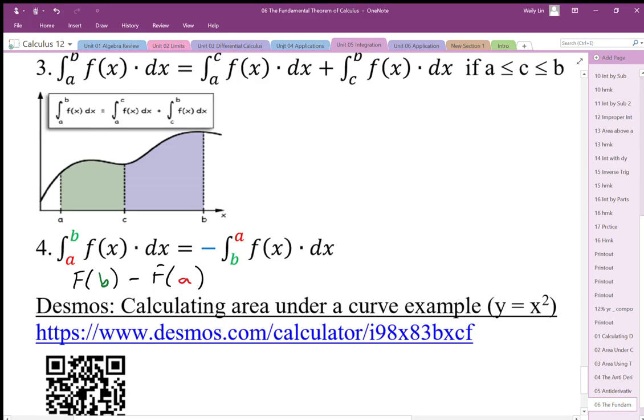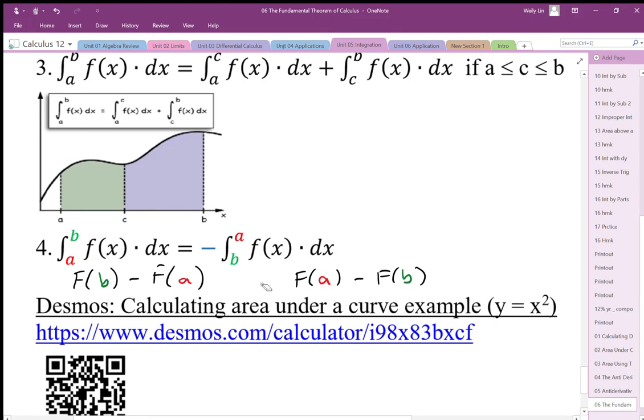Now, if I switch my bounds, I'll have big F of a minus big F of b. Switching those bounds is switching the subtraction.